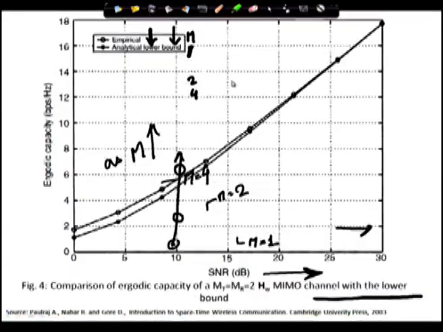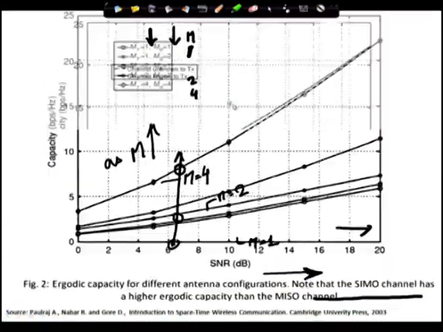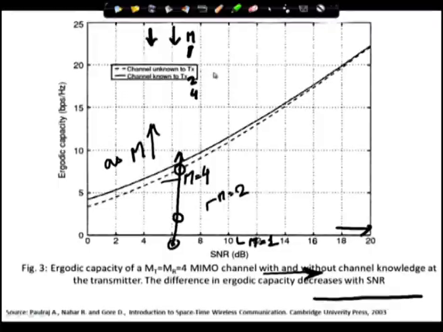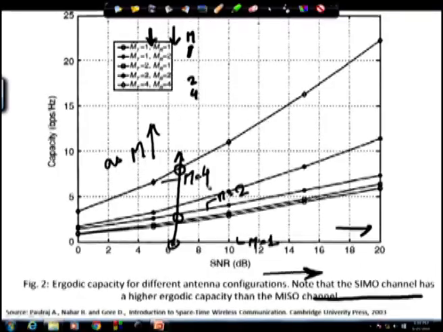And if we look at the ergodic capacity, what we have is the same as we increase M. So here also it is the same. This is for M equals 4, this is for M equals 2. Yeah, I think this is M equals 2 in this particular figure. Sorry, in this particular figure we have this one as M equals 2, and this one for M equals 1.